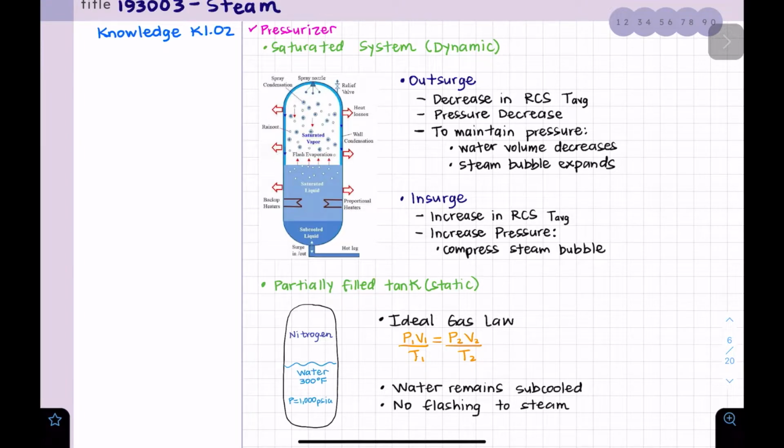So what we know is that if we talk about outsurge, we're going to start seeing a decrease in the pressure because we have a decrease in the temperature. And that's actually what's going to answer our questions. We only have 2 questions, and that's key to answer those 2 questions.